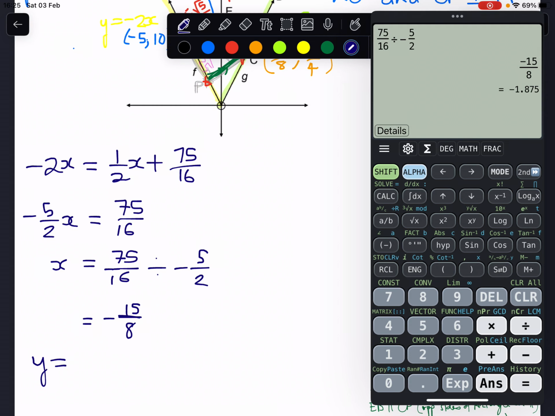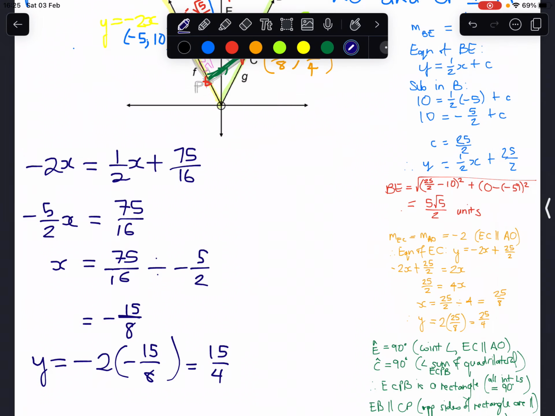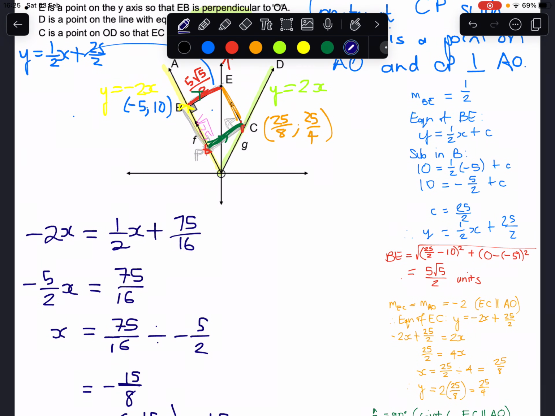So I'm going to use the simpler one, which ends up being just 15 over 4, I think. Thank you, Kalki. Right, so we have now found the coordinates of P. So that is negative 5 over 2 and positive 15 over 4.